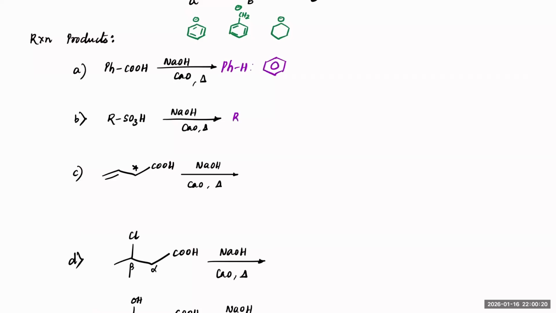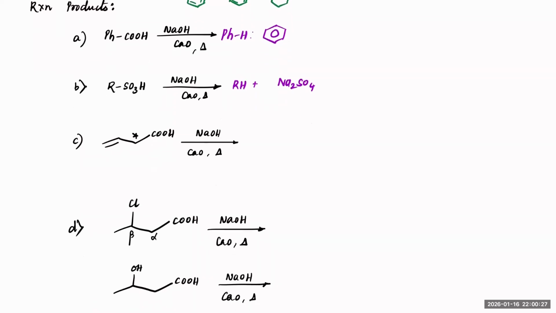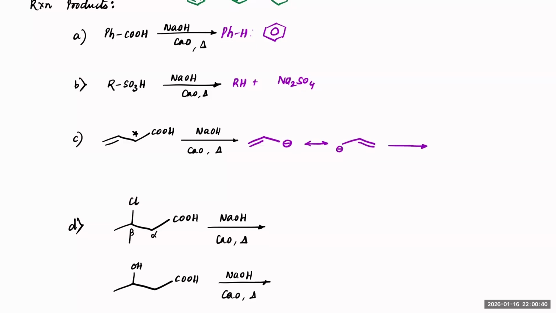Second one, RH with Na2SO4. Alright, in this case, because we have sulfate. Next, this is important. You can get a carbanion here, which can show resonance stabilization like this, which means after reacting with the water here, you will get two products, one with hydrogen here, one with hydrogen here.